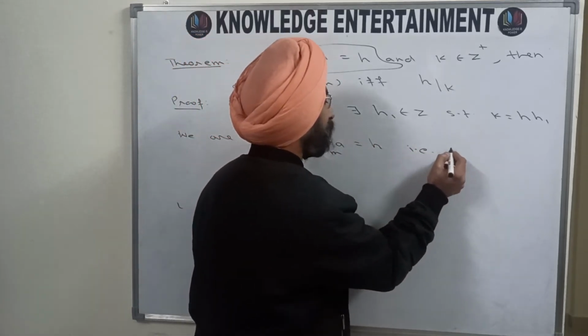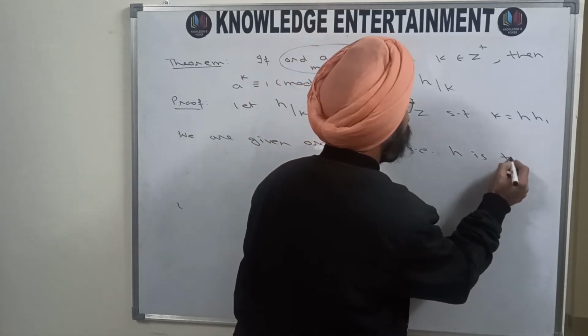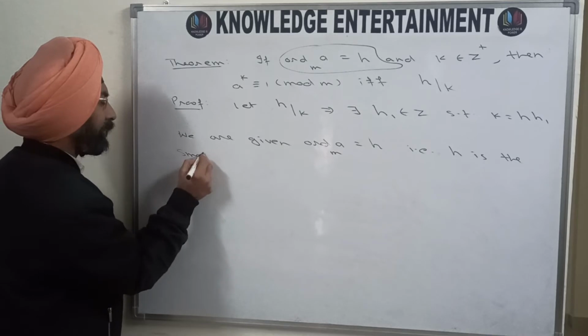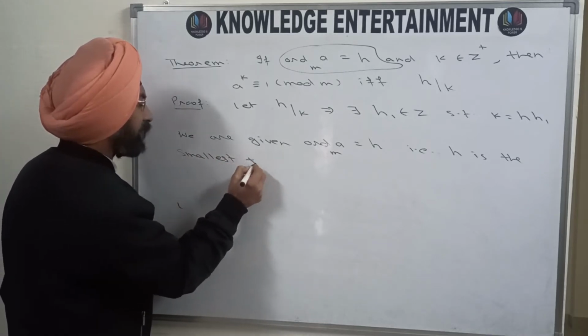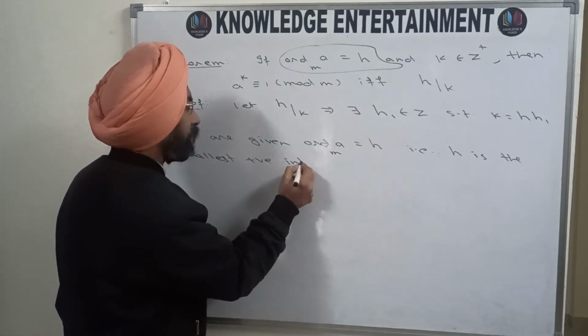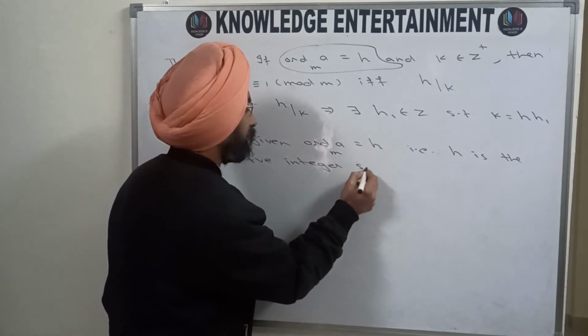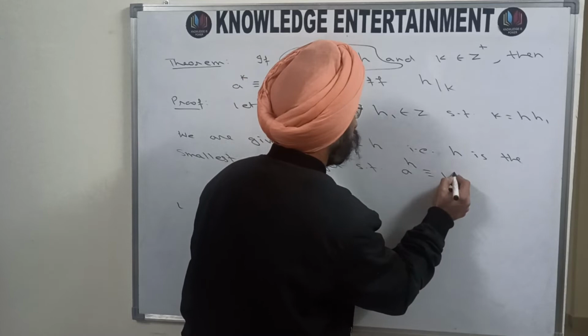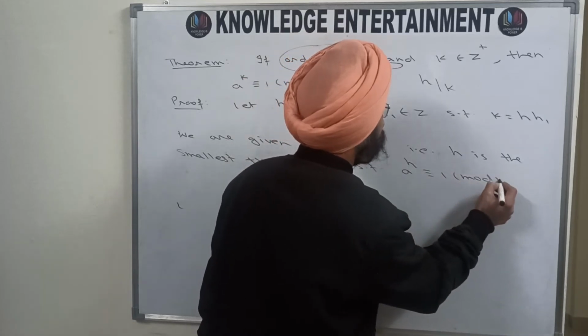That means h is the smallest positive integer such that a raised to the power h is congruent to 1 modulo m.